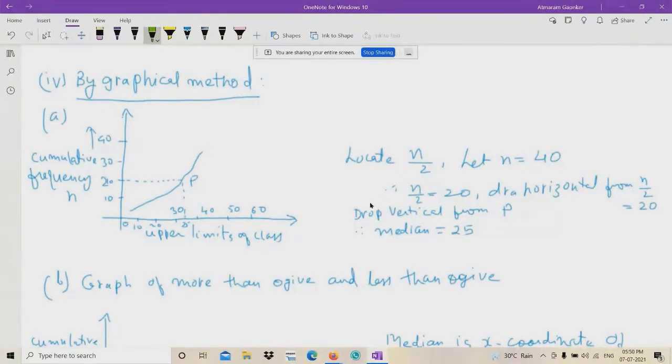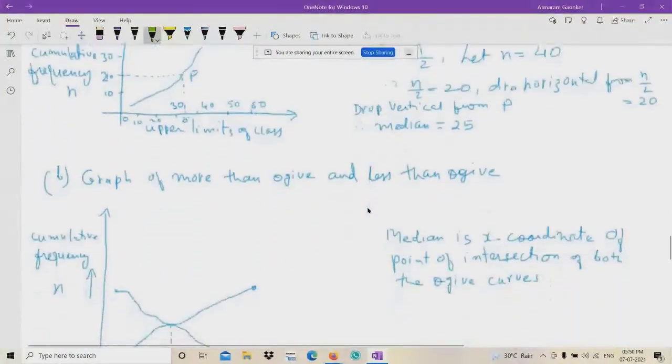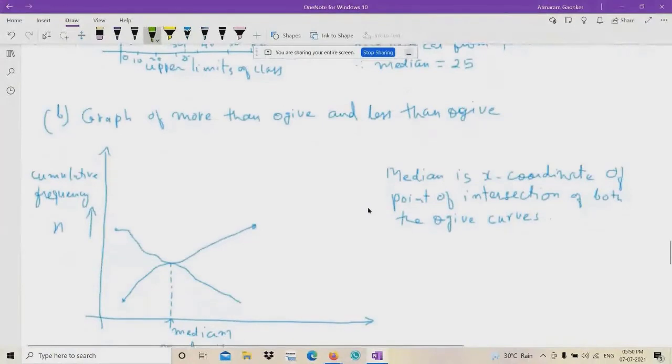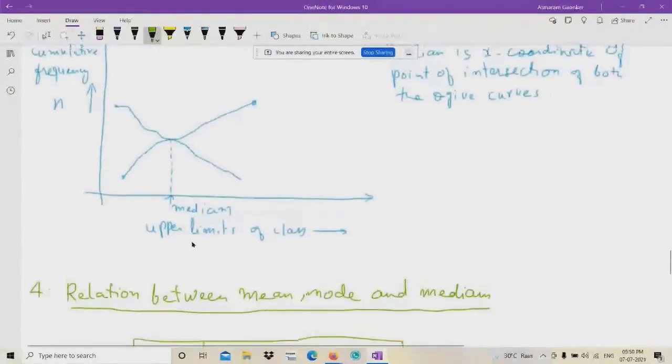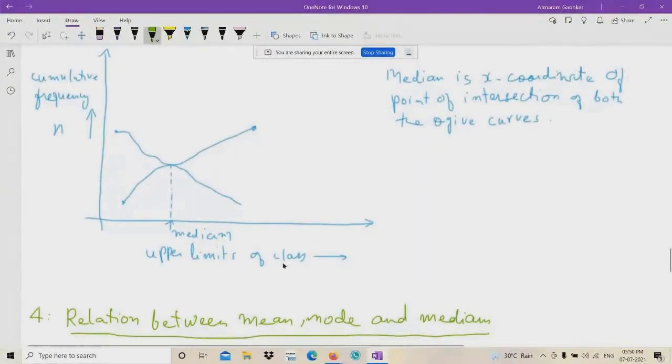Okay, you may be given a graph, so check whether you understand this or not. Then how to find the median if you are given a graph of more than ogive or less than ogive? That again I will discuss tomorrow. Now only understand how to find the median. Cumulative frequency is on the y-axis and upper limit of class is on the x-axis.